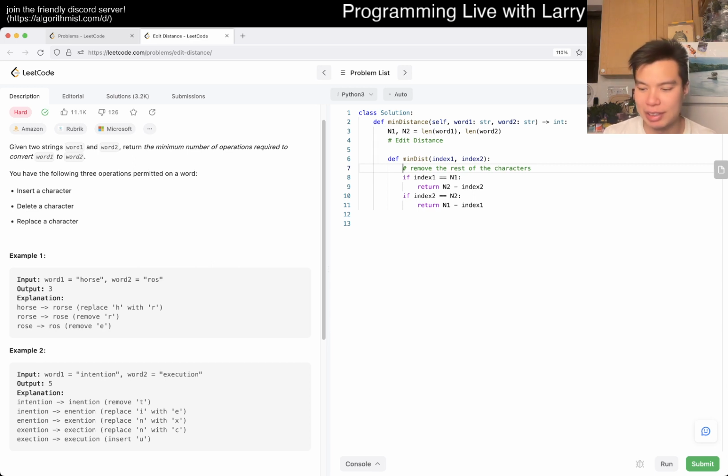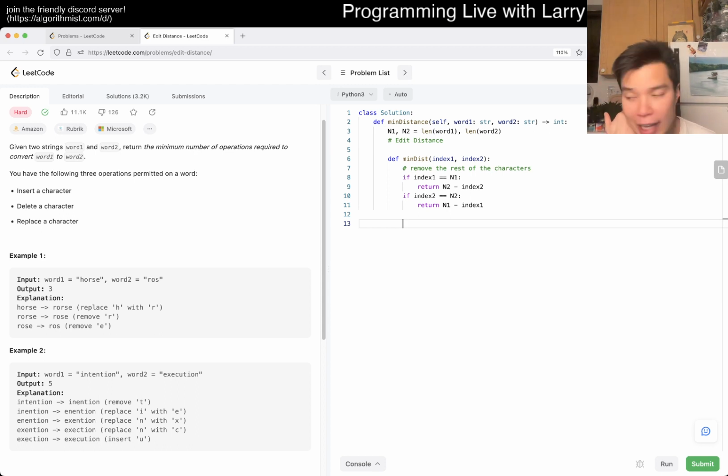What I wanted to say was that the reason there is this symmetry is that, instead of thinking about necessarily inserting a character and deleting it, right now all our operations are operating on word one, right? We can add a character, delete a character, or replace a character. Basically you have insert, delete, and replace, right?